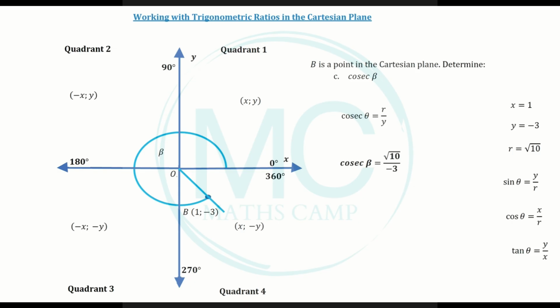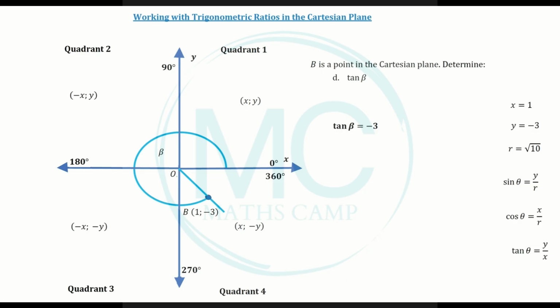Let's move on to part D. Determine the value of tan beta. We know that tan theta is equal to y over x. So in this case, y is negative 3 and x is 1. So now we can say tan beta is equal to y, which is negative 3, over x, which is 1. Any fraction over 1 leaves us with the numerator of the fraction, so tan beta is equal to negative 3.